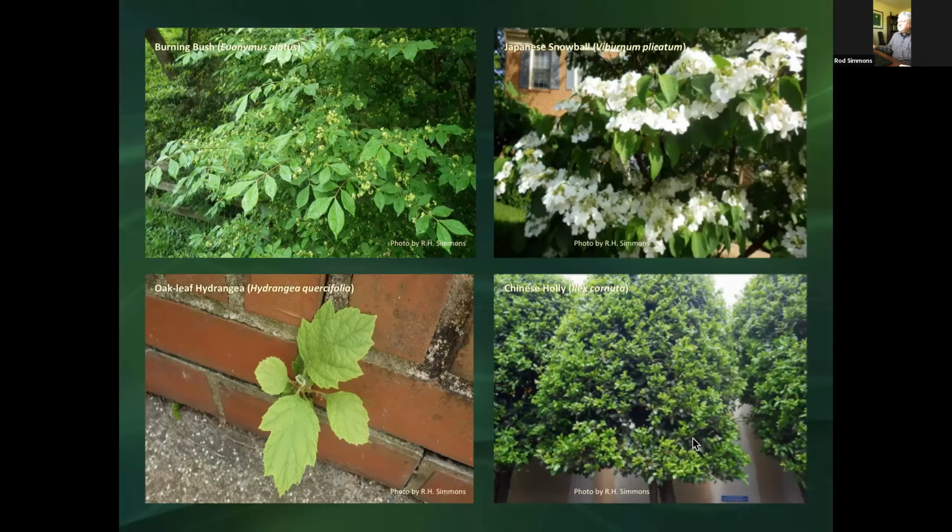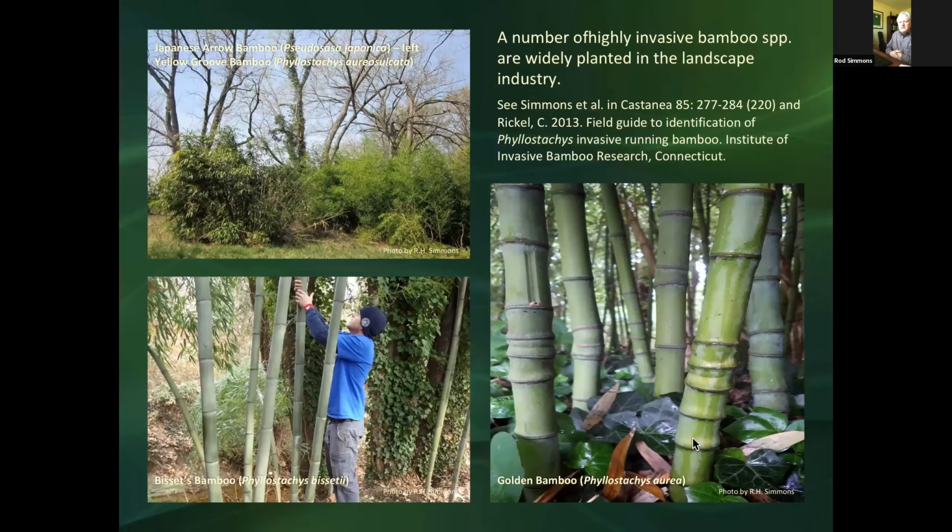Next, please. Bamboos. Thank you. The bamboos, we all know, are just abject weeds. Top left, you've got Japanese arrow bamboo. That's one of the most common ones. That's the wide-bladed, dark green leaved bamboo. The larger one on the right there is the yellow groove bamboo.